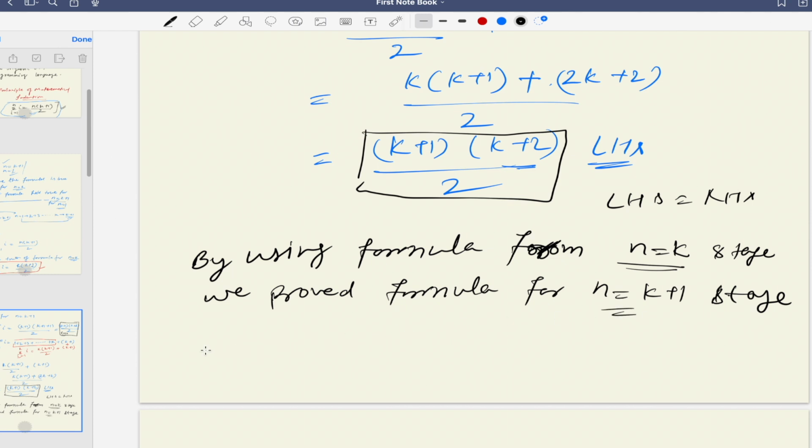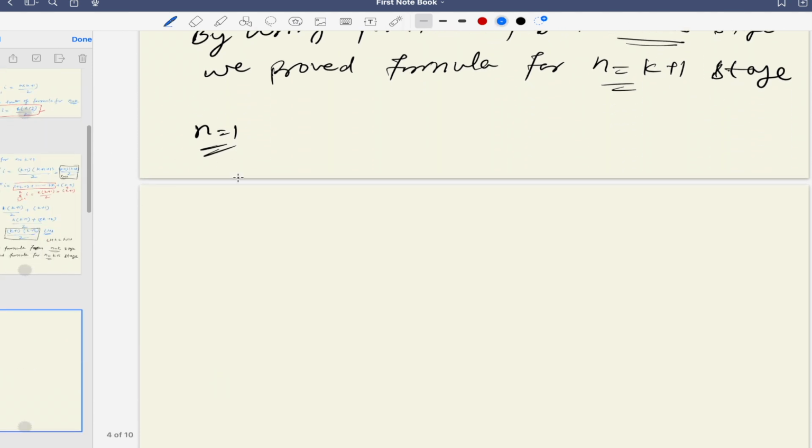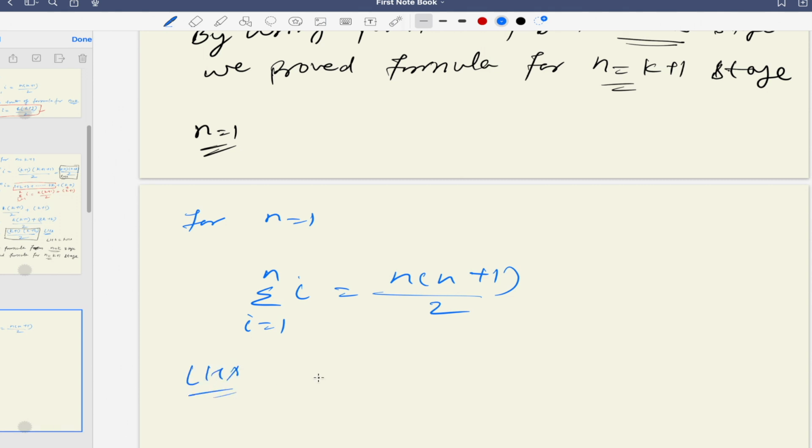Okay, so now we are going to prove for n equals 1. For n equals 1, sigma of i equals 1 to n for i will be n(n plus 1) by 2, right? So here we will take the LHS. LHS will be this term. So we will replace n with 1.